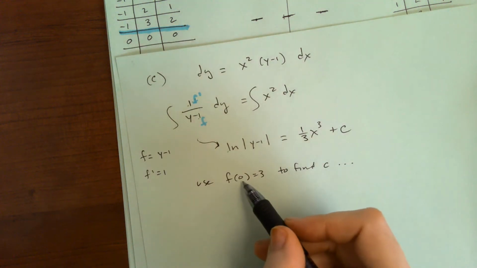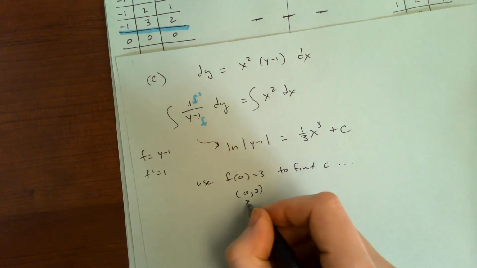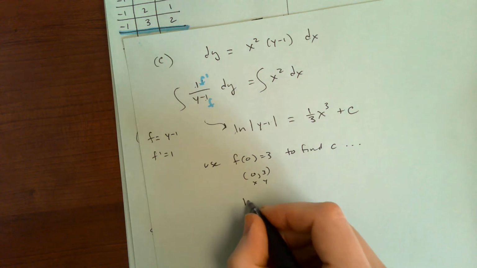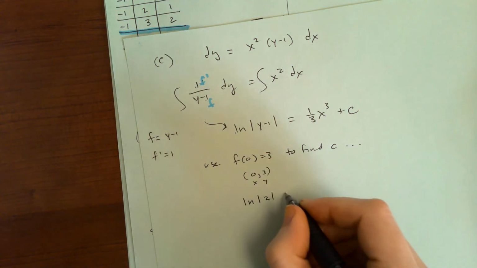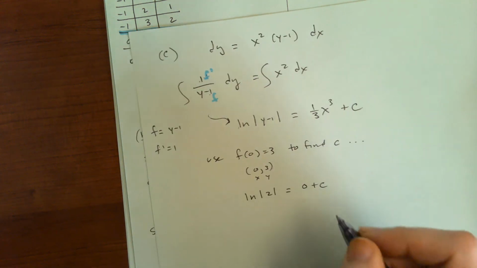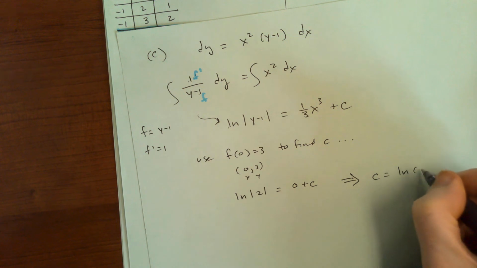I'm plugging 0 in for x and 3 in for y. So that's natural log absolute value of 2 equals 0 plus c. C equals natural log of 2.